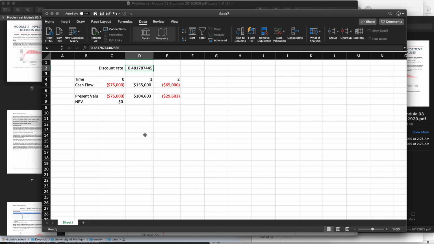If you plug in the number minus 0.41512, minus 41.5%, and hit enter, the NPV is basically 0. So let's just do that again. 0.48 gives you an NPV of almost 0, and negative 0.41512 also gives us an NPV of 0. So the question is, why is that?